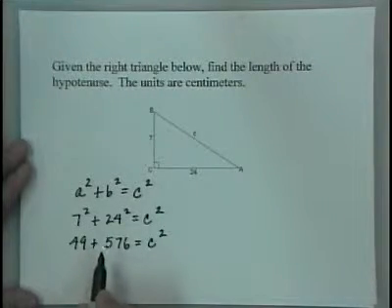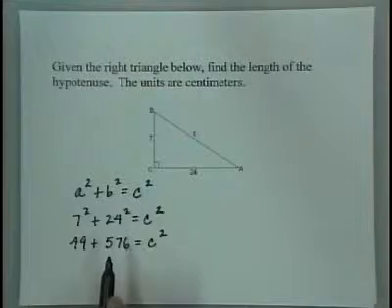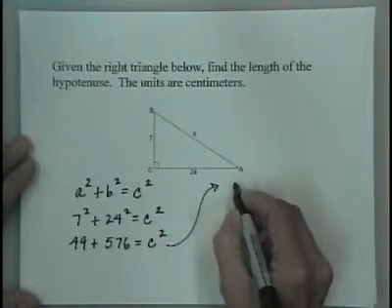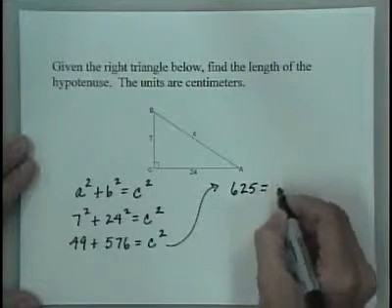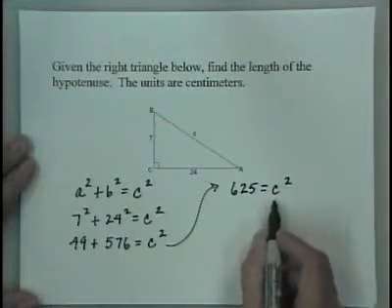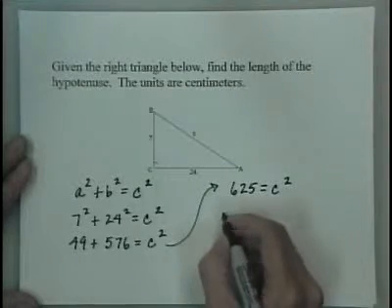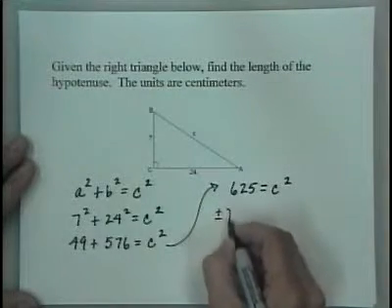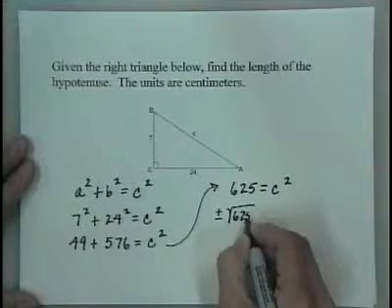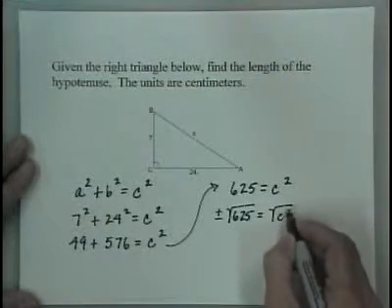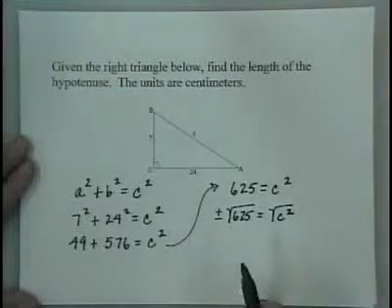The Pythagorean theorem says side A squared plus side B squared equals side C squared. Let's put 7 and 24 for sides A and B, and solve for side C. 7 squared is 49. 24 squared is 576. Adding 49 plus 576, we get 625. This is an equation you could solve using square roots. Taking the square root of each side, we would write plus or minus the square root of 625 equals the square root of C squared.